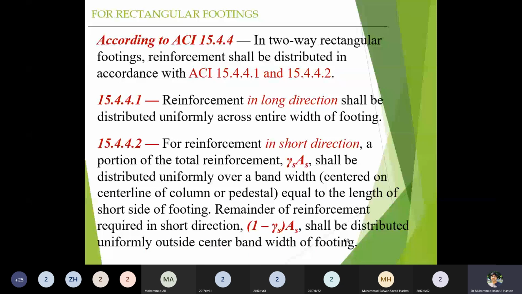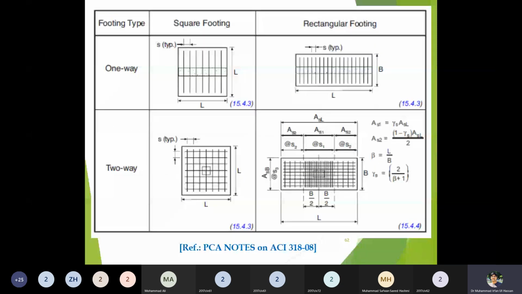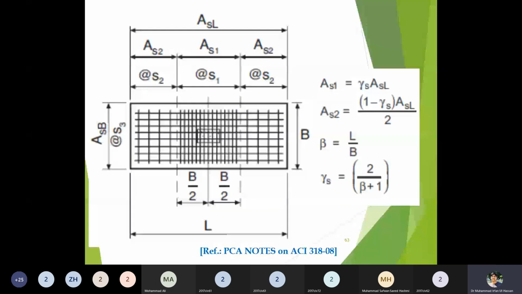However, in the rectangular footing, we know that in the central region the force is larger. If you see this figure, how to place the steel in the shorter direction. So in the shorter direction, we are not placing it at uniform spacing, but we are giving more reinforcement in the central region compared with the outer region. The reason being that the load concentration is larger in the central region.